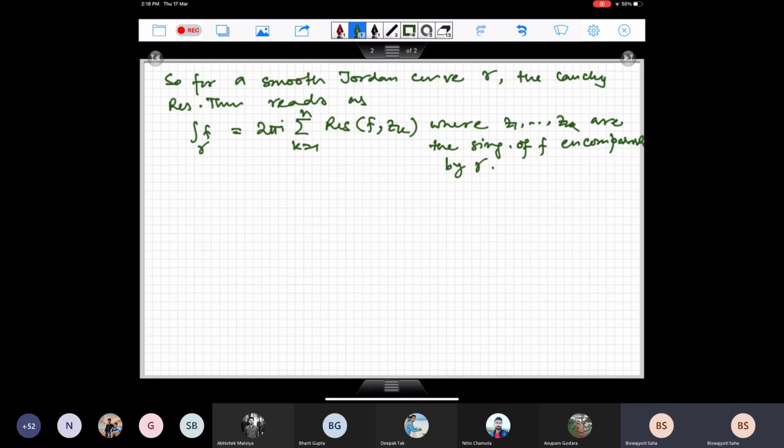For example, if you think of a removable singularity, we have seen that the principal part is 0, and therefore the residue is 0, and hence as far as the integration is concerned, there is absolutely no difference between having a removable singularity or not having any singularity.